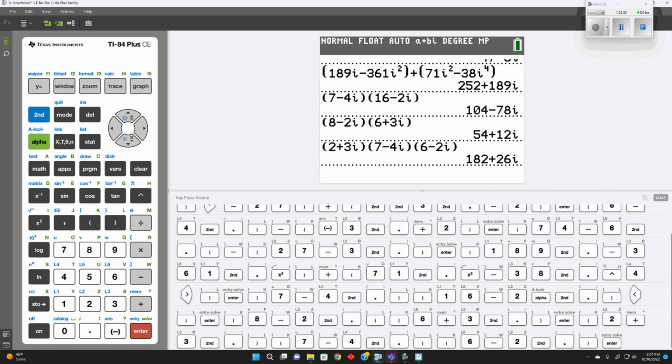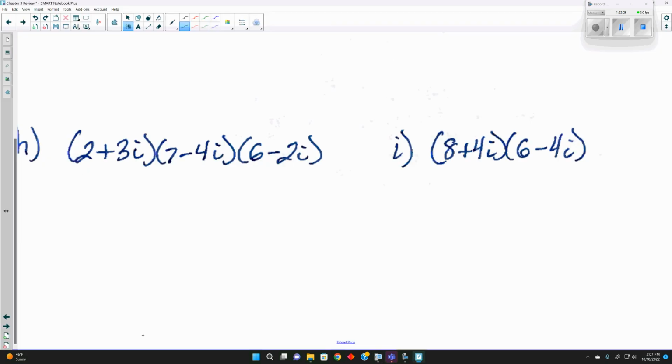And it'll give us our answer, which is 182 plus 26I. And again, with any of these, addition, subtraction, multiplication, even the division, we can just plug them in.